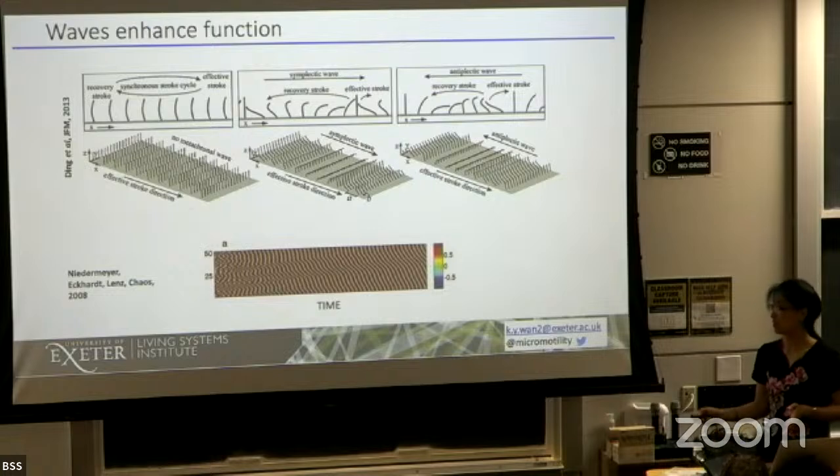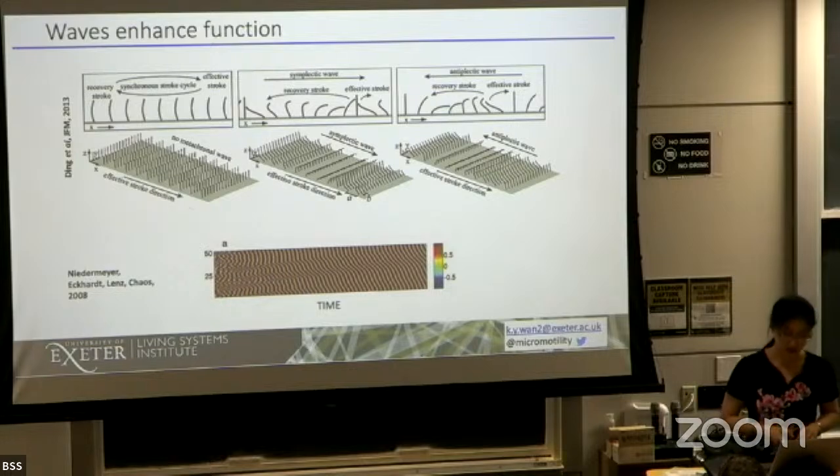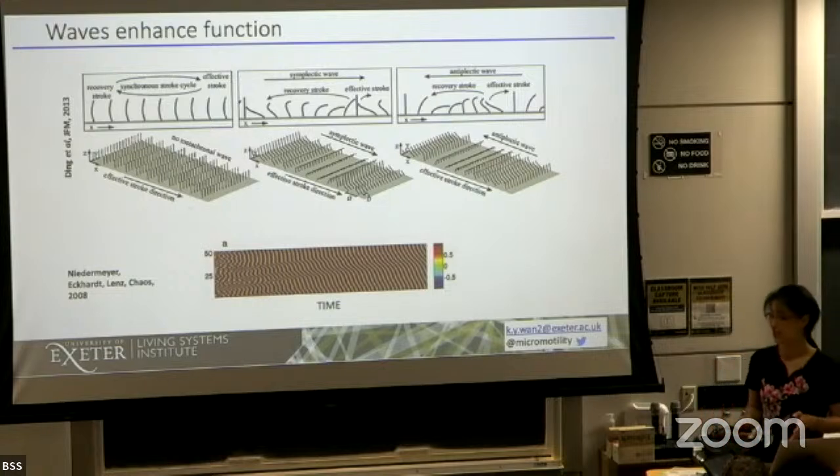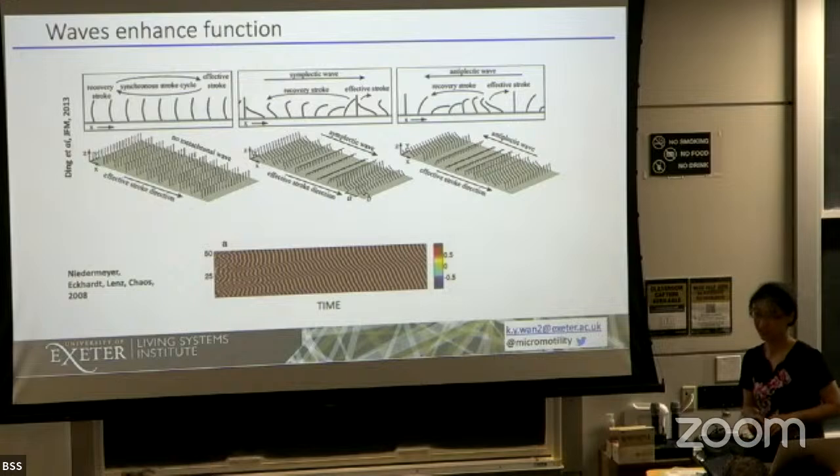And then over time, conveniently no axes here, you start to see the emergence of these propagating waves. And so it's really possible for these types of systems to exhibit spontaneous metachrony.